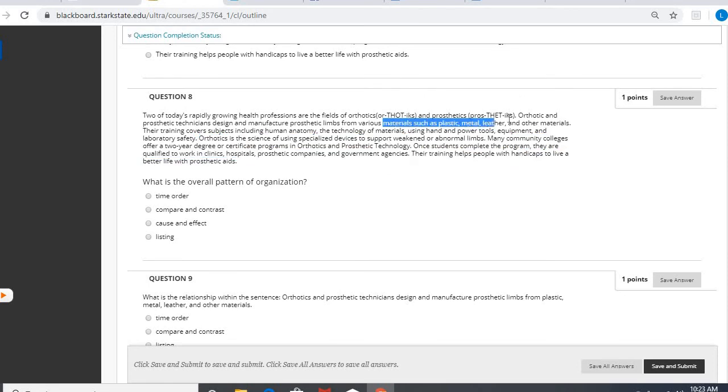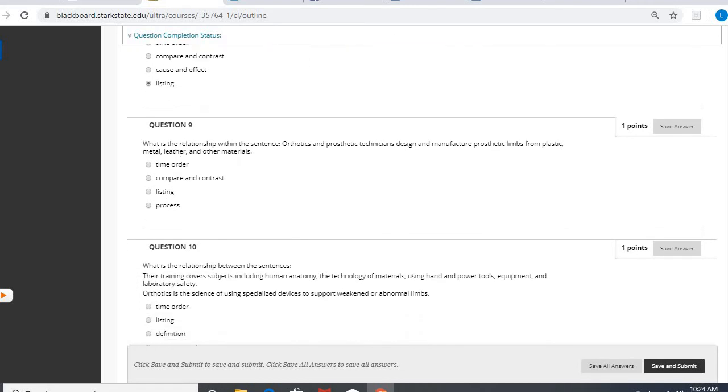We have an example of it right here. What they're doing very nicely here is listing. In this case, they're listing materials. Down here, they're listing where they can work. There's a lot of listing going on. So that's what this pattern of organization is. And this is, again, another topic that we will discuss very soon.